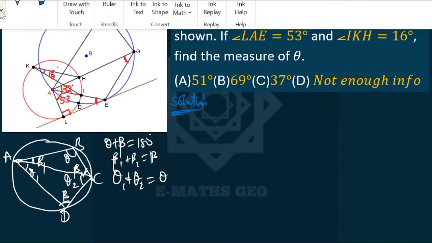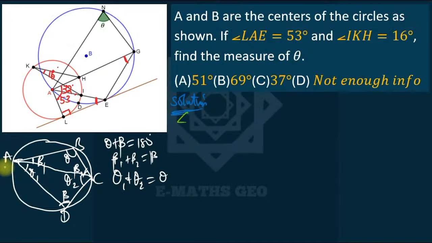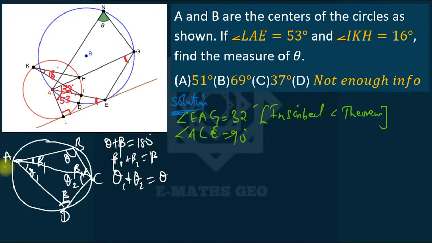So let's just write it for rightness sake. I'm saying that angle EAG is 32 degrees, by Inscribed Angle Theorem, while angle ALA is 90 degrees.